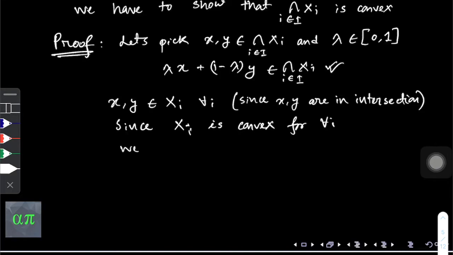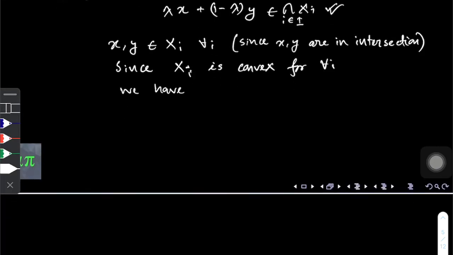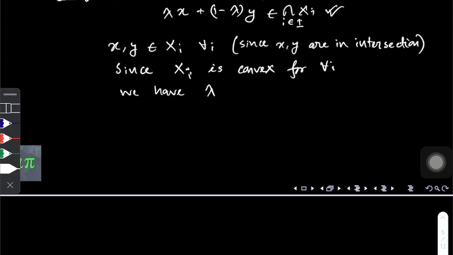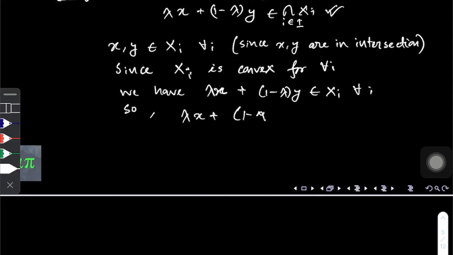So we can write, and if this is true, then we can write, thus proved. So we have finished the proof here.